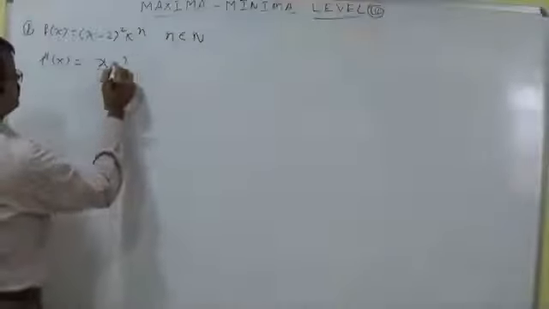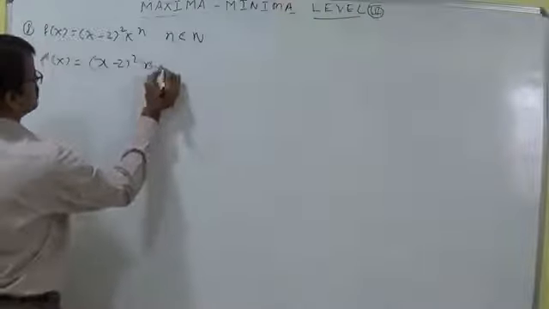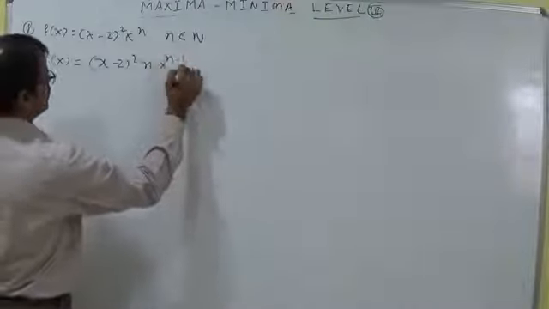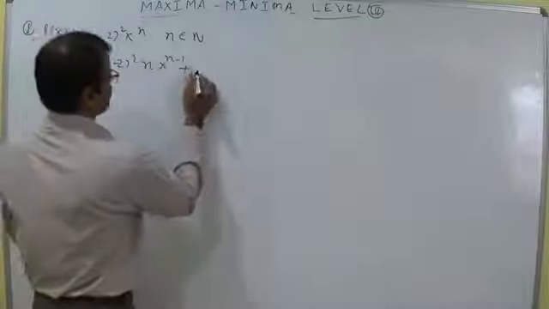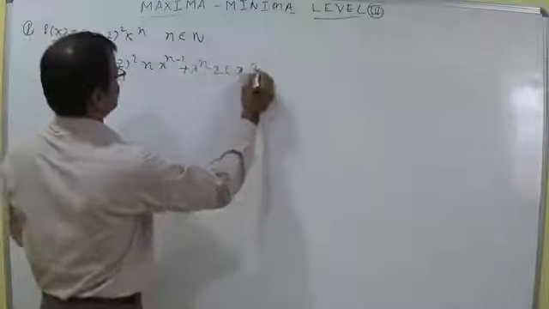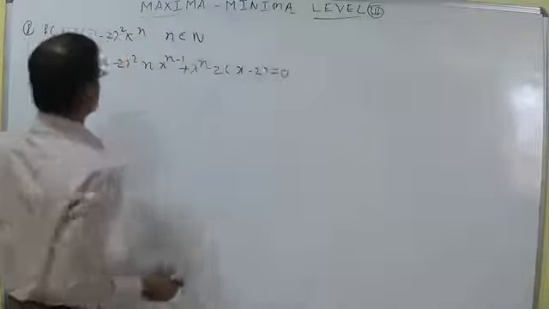Let us discuss about f dash x. f dash x is equal to, this is the UV method, x minus 2 whole square into n into x power n minus 1 plus x power n into 2 into x minus 2 is equal to 0.